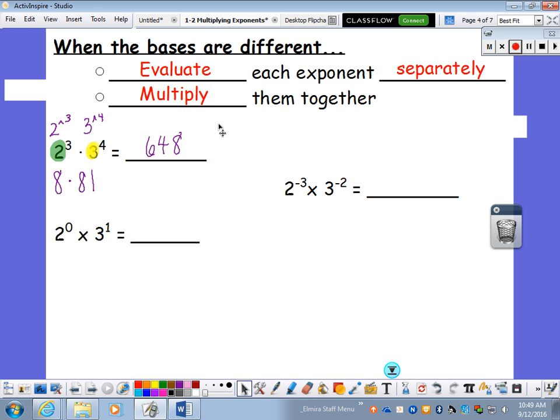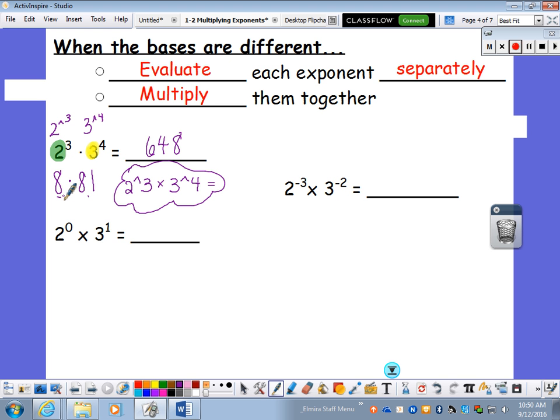Now I will say with anything with positive exponents, you could also just type in the problem like this. You could type 2 caret 3 times 3 caret 4 and equals, and get the 648, and kind of skip this step, the 8 and the 81.